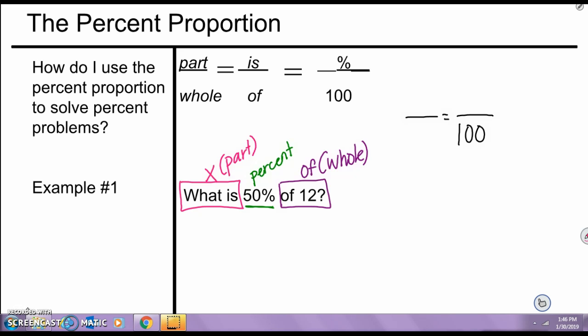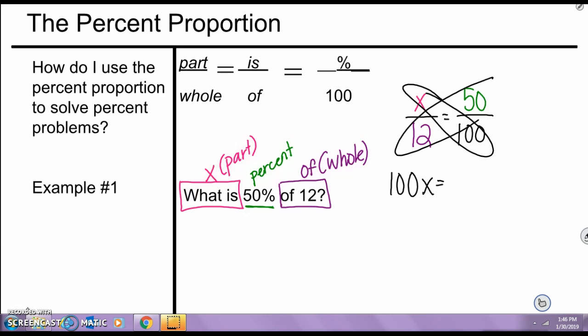So we are missing our is, so x is our numerator. 50 is our percent, so we write that over 100. And of 12 is our denominator. In order to solve a proportion, we cross multiply. X times 100 is 100x.